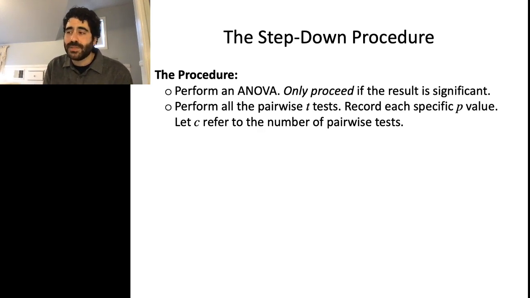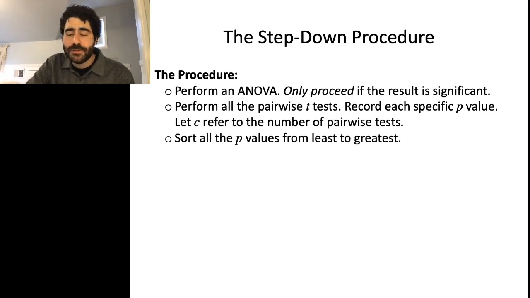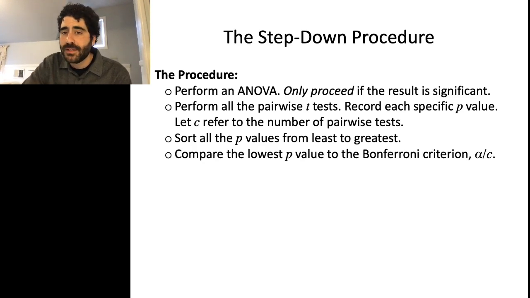We run all these tests, we get a p-value from each of them, and C is the total number of tests that we're running. Then we sort our p-values from smallest to biggest. The smallest p-value belongs to the groups that are looking the most different, where the difference between the means is furthest from the null of 0.